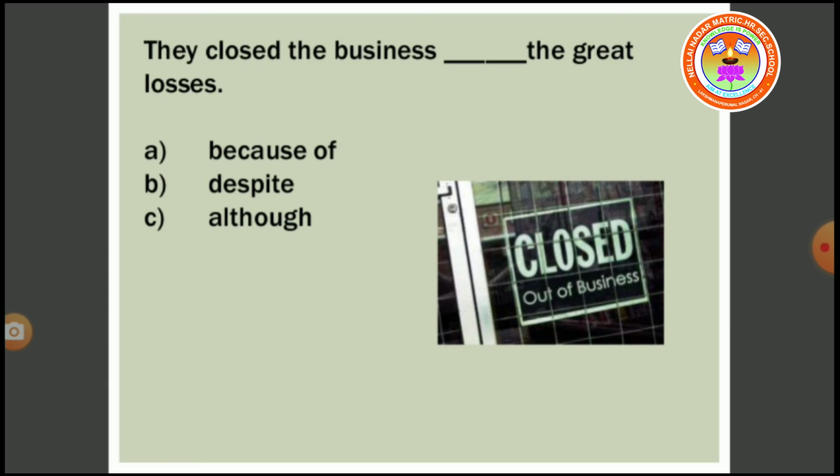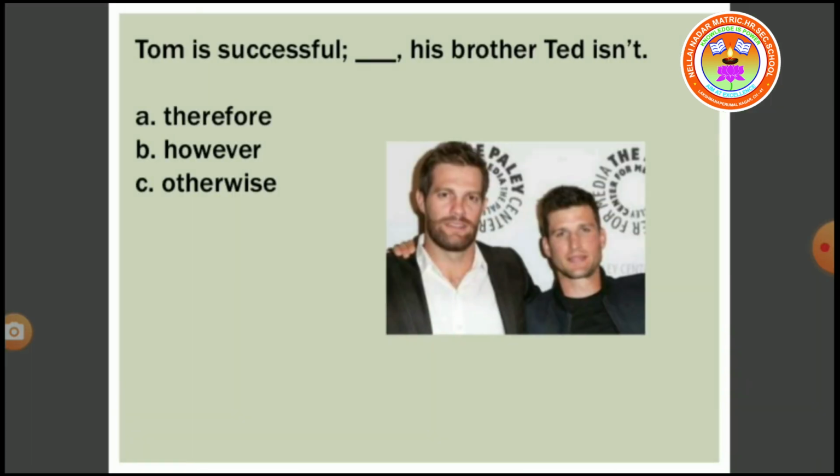Very good. The correct answer is because of. Tom is successful, dash, his brother Ted is not. Fantastic. The correct answer is however.